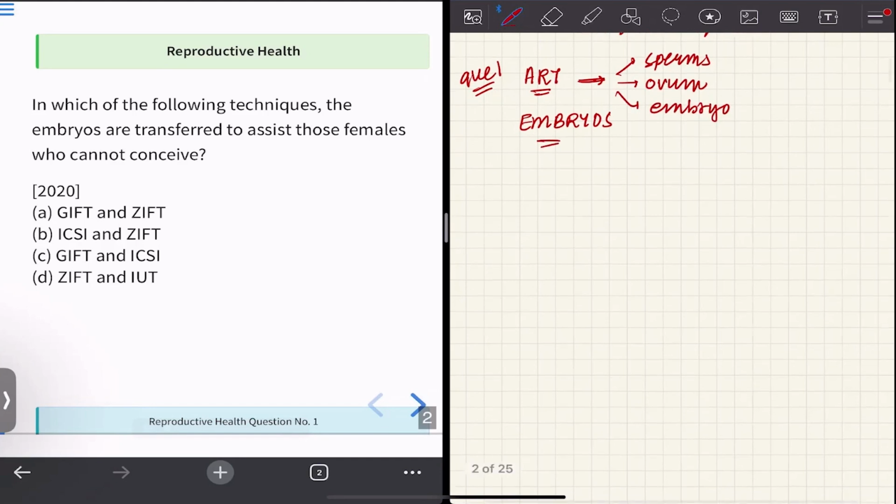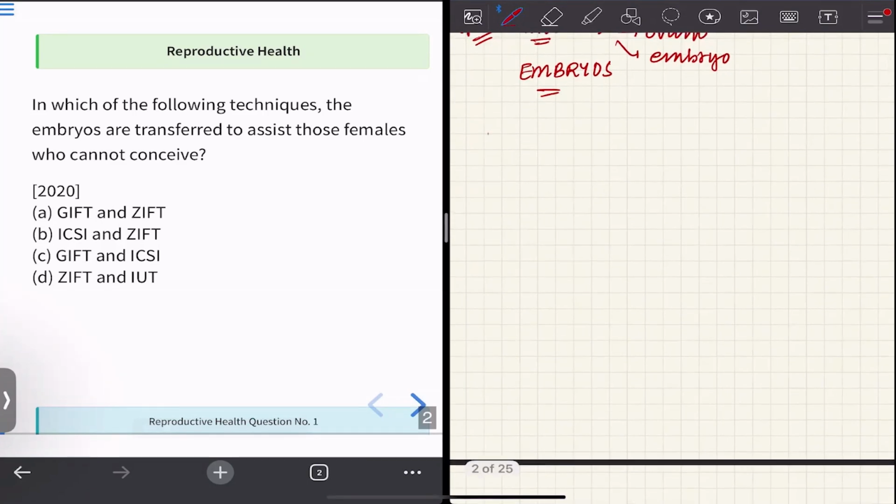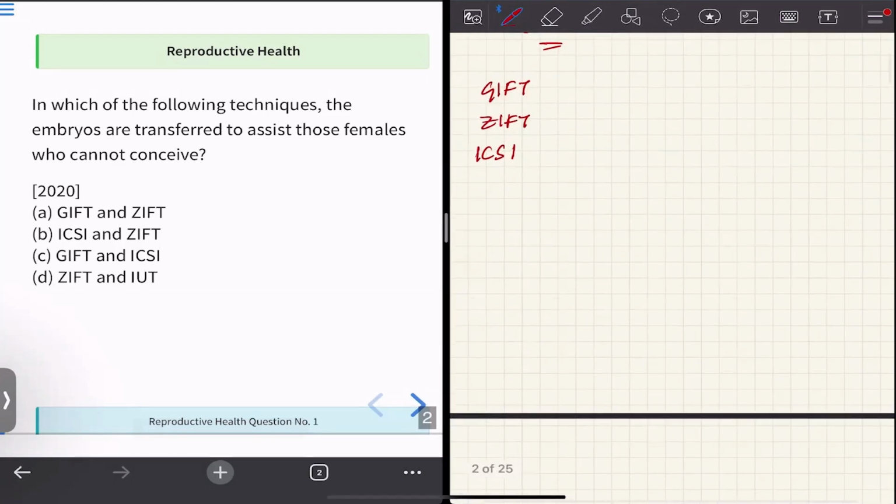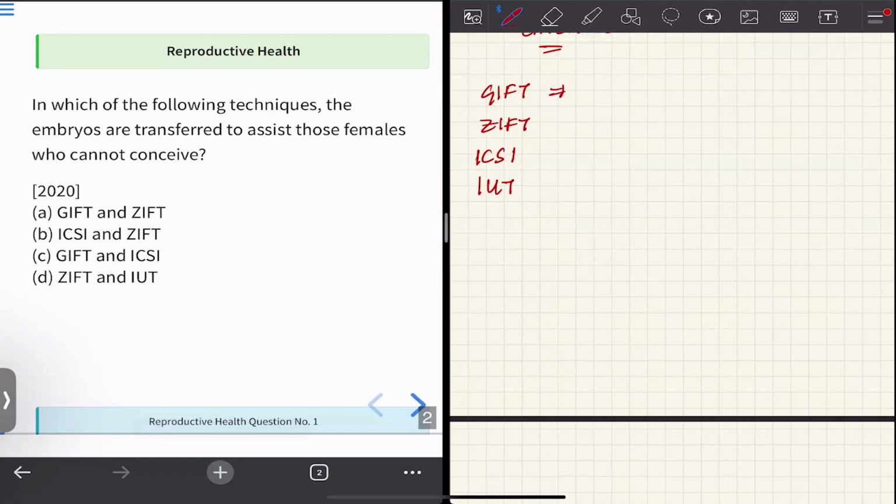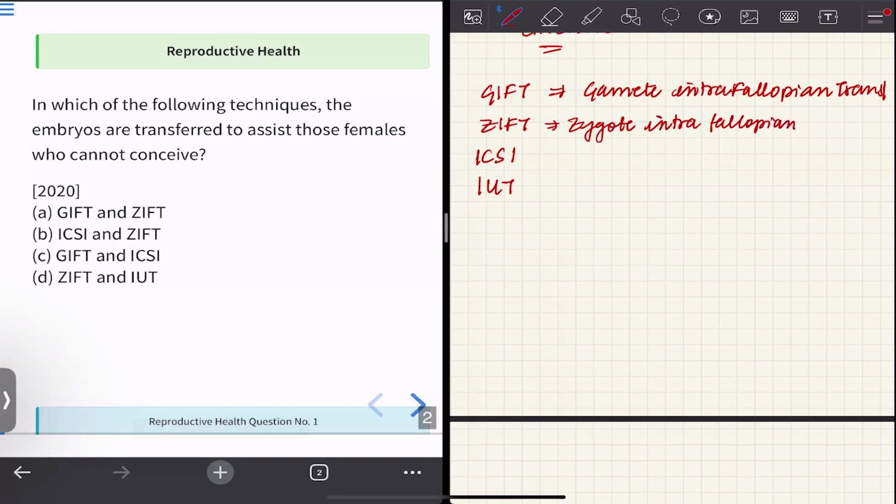So firstly, we'll just take a look at all the options. We have GIFT, ZIFT, ICSI, IUT. GIFT is gamete intrafallopian transfer. Then we have ZIFT, which is zygote intrafallopian transfer.